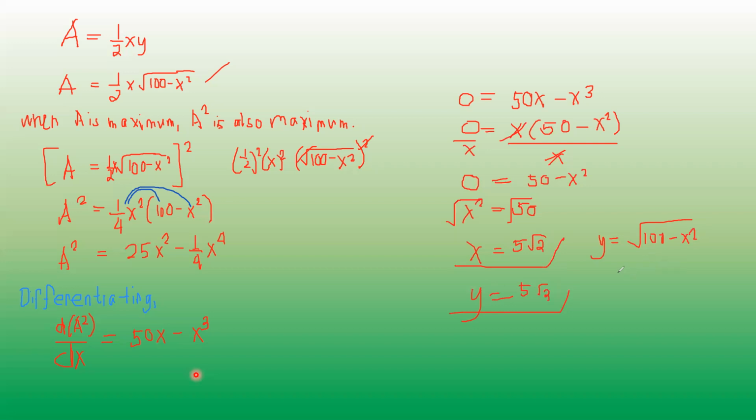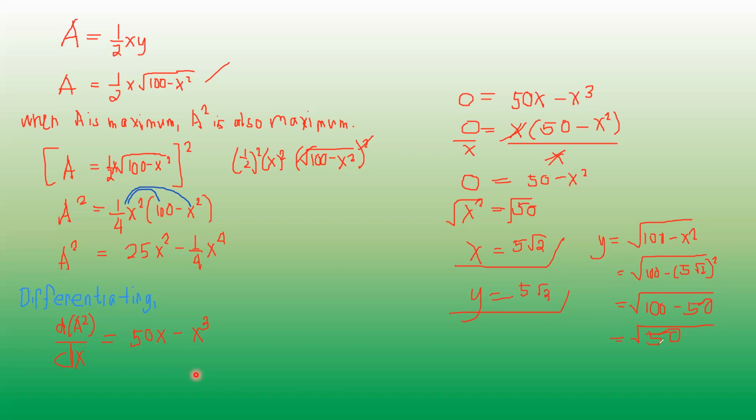Kaya magkakaroon ka ng square root of 100 minus 5 square root of 2 quantity squared. So magkakaroon tayo ng square root of 100 minus 25 times 2. So we have 50. 100 minus 50 is equal to 50.